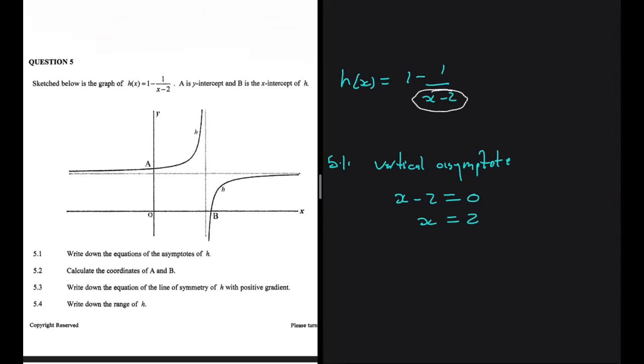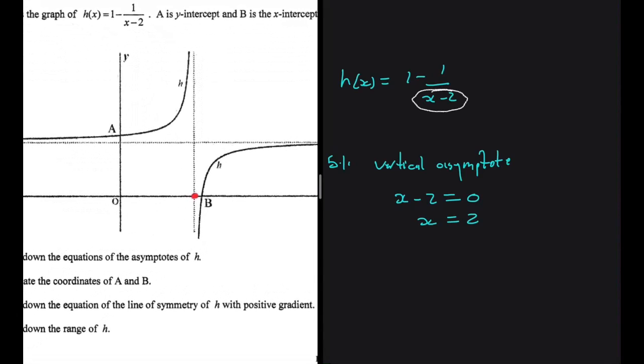And just like that, we have our vertical asymptote, right? Our vertical asymptote is at x is equal to 2. So this point here, the x value is 2 at that point. Now that we have the vertical asymptote figured out, we just need the horizontal asymptote. So let's go ahead and find it. Now I want to show you something. h of x can never be equal to 1.